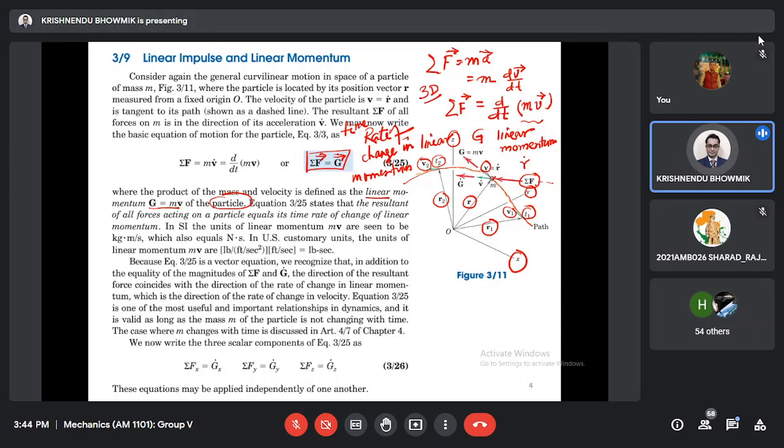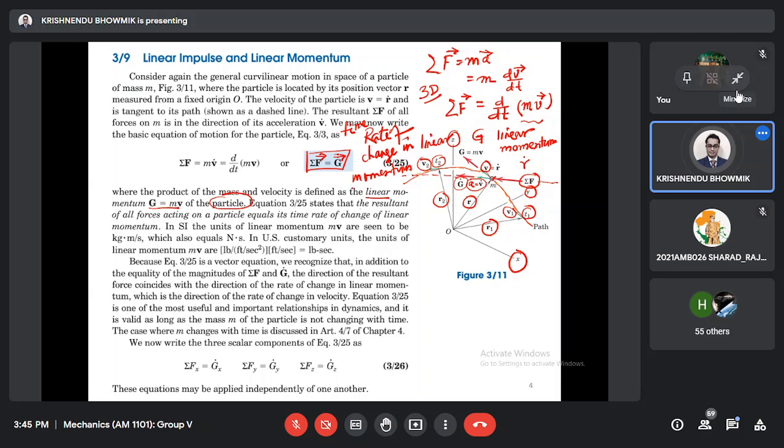Now what we can get is that summation F, along its line of action, produces an acceleration a, which is nothing but v dot. In the same line of action there will be acceleration v dot, and whatever direction this v dot acts, the rate of change of momentum also acts in the same direction.